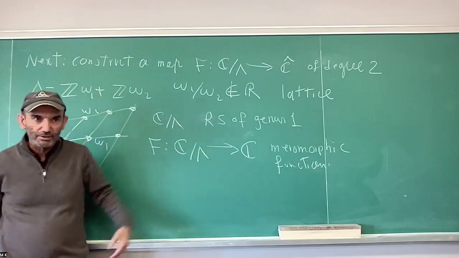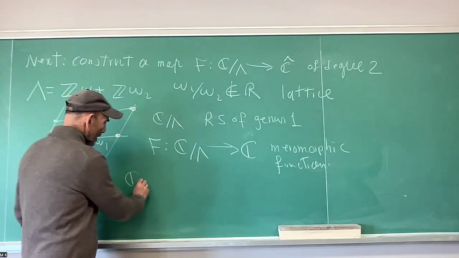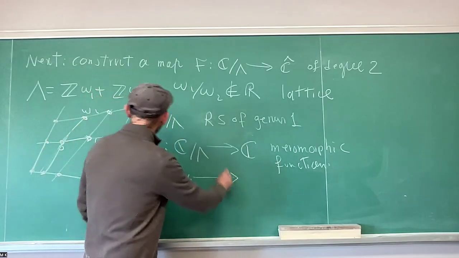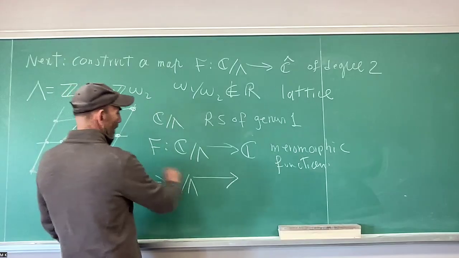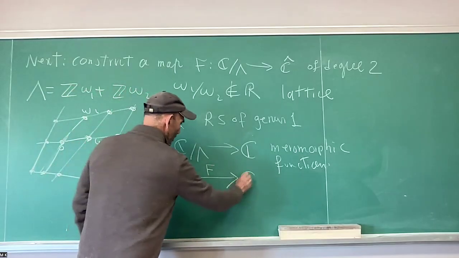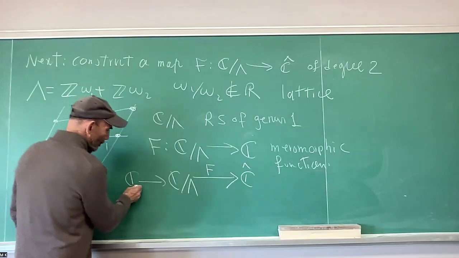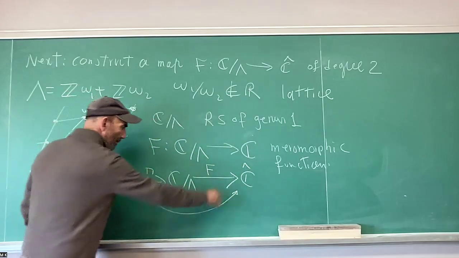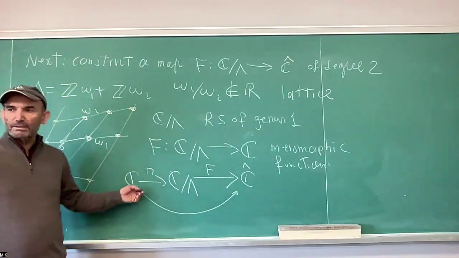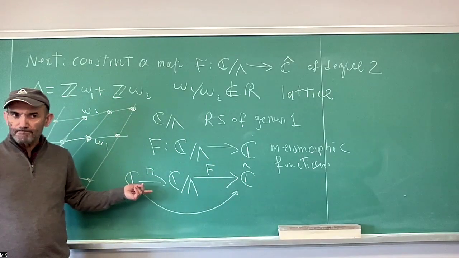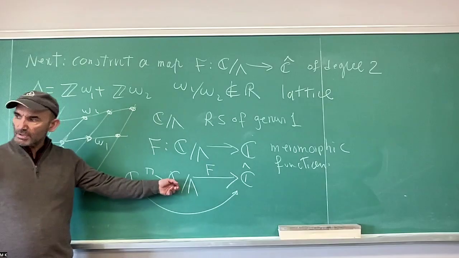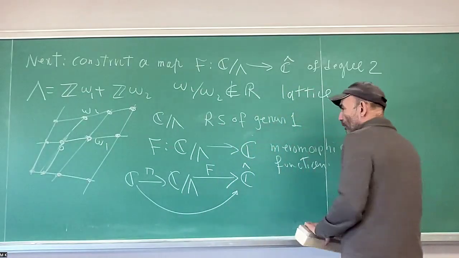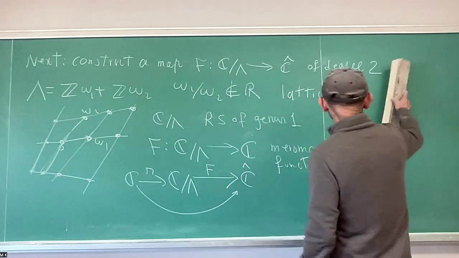You see, we have this projection map from C to C over lambda, and you want to define this map F that is doubly periodic. And then we know that it gives us a map here, right? So now the question is how you construct a doubly periodic function.